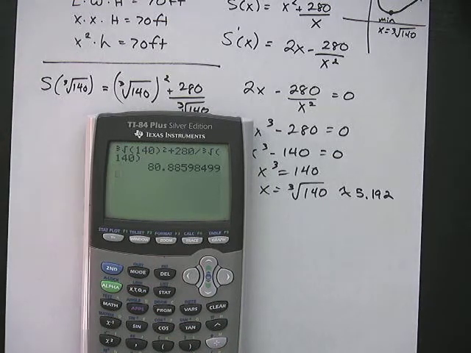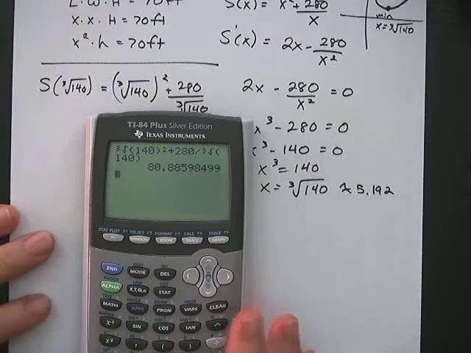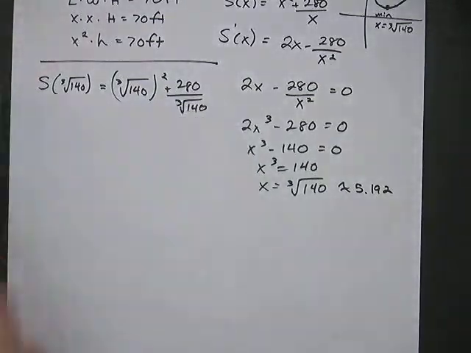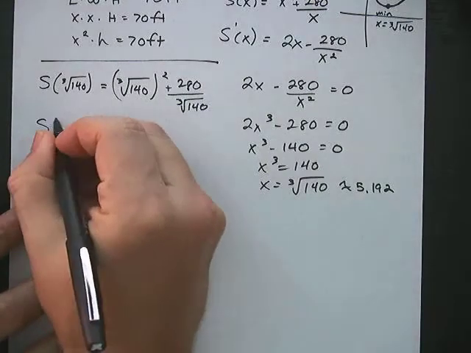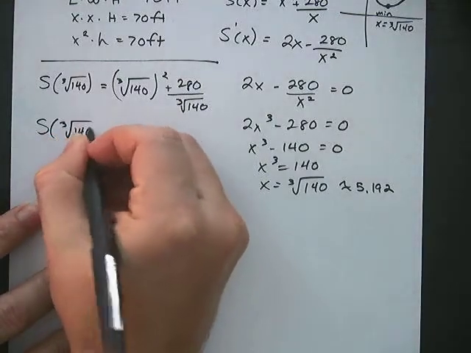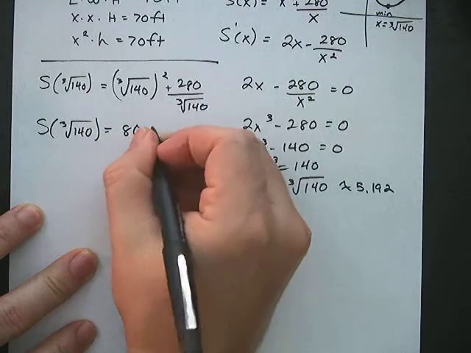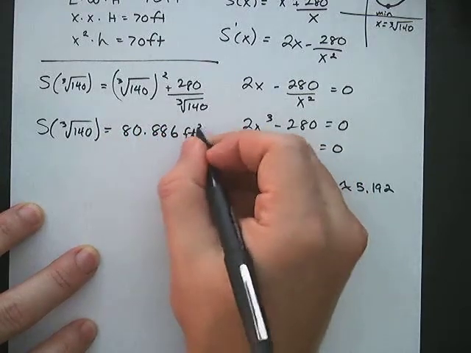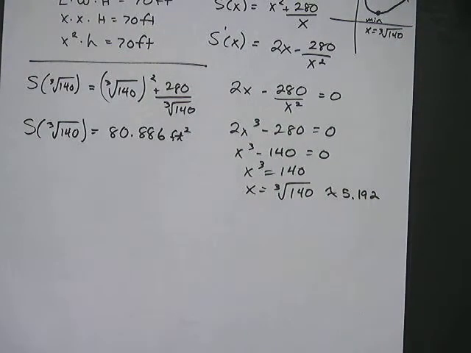We get that the absolute minimum surface area is equal to 80.886 feet squared, because it's area.